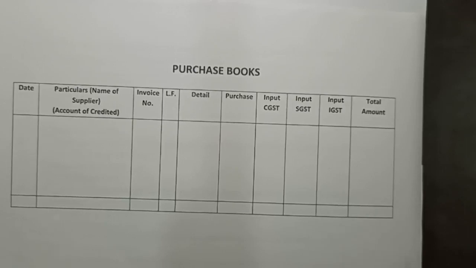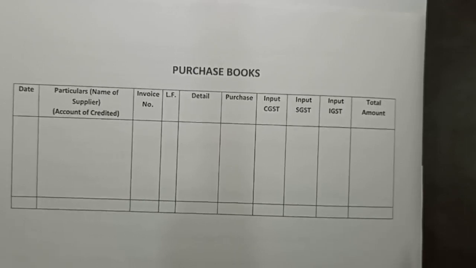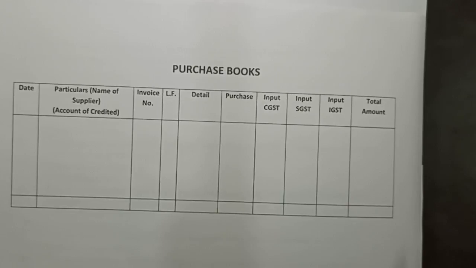As we discussed earlier, when we have a large number of transactions and we are not able to maintain the journal book, we maintain the different types of subsidiary books. So, when the subsidiary books are being maintained in place of the journal book, the recording of the transaction is done in the different subsidiary books, and these are later going to be posted to the ledger.